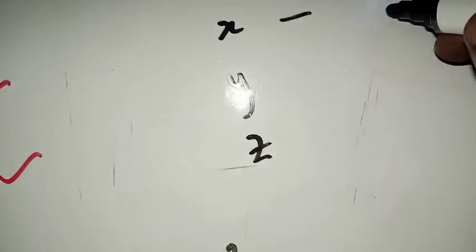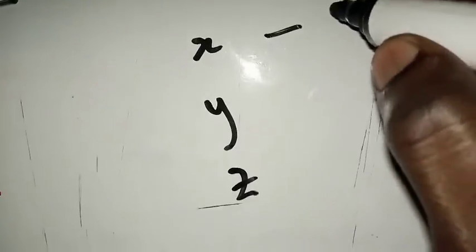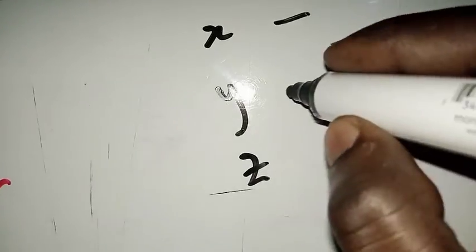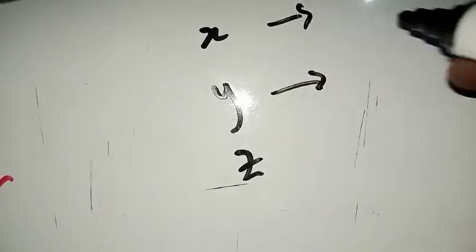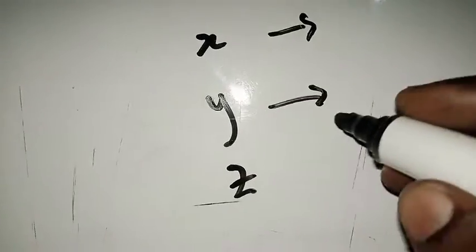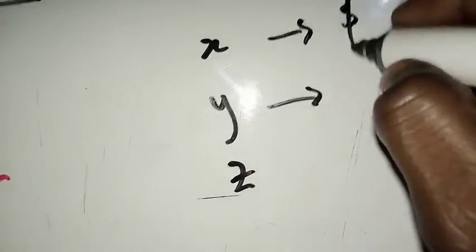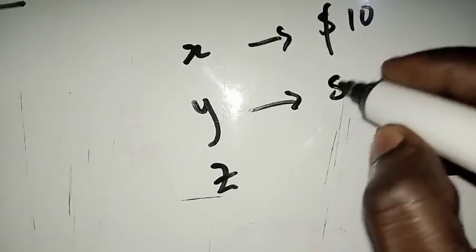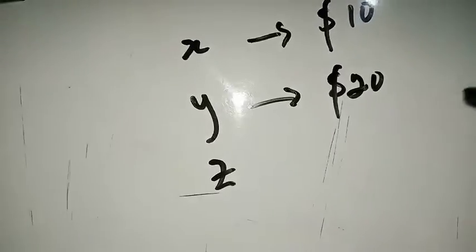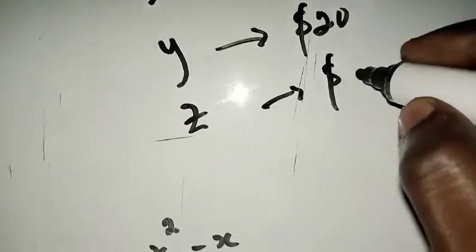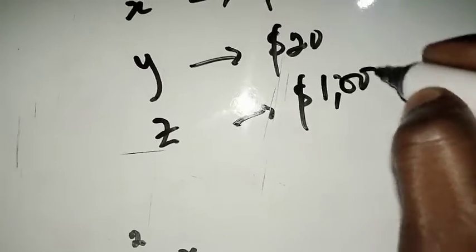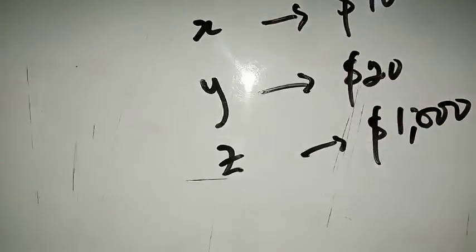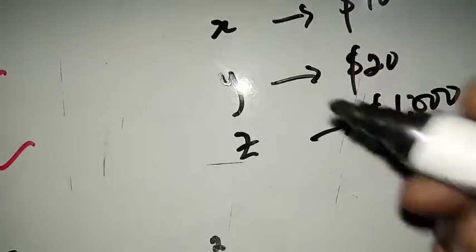So suppose this is the price of a plate of rice, or maybe the price of a phone, or anything you can think of. Let's say this is an amount of $10, or maybe $20, or maybe 10,000, or $1,000, and so on and so forth. We are just using this thing to represent some value. That's what we are calling algebra.